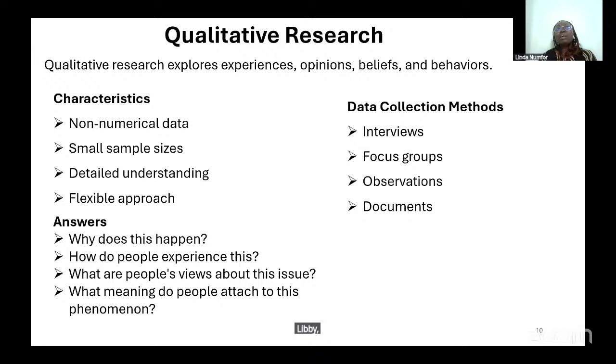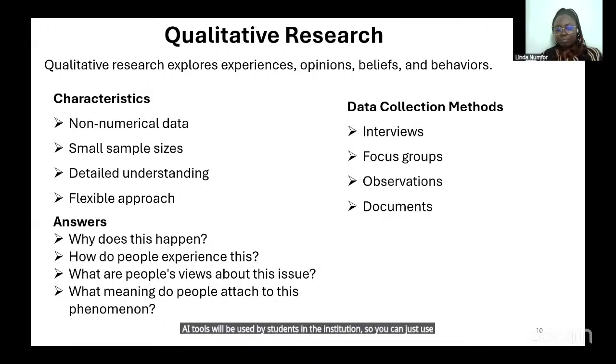Maybe you just observe how nurses use the medical report to explain to patients, or to work with patients. You just observe how it goes. Then it could also be with documents. You study, for example, the policies of a university that are put in place to understand how AI tools will be used by students in that institution. So you can just use a policy.